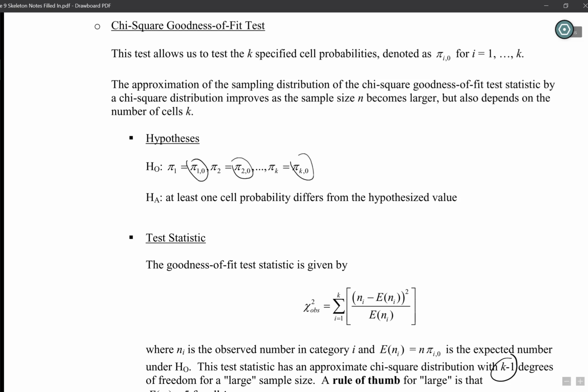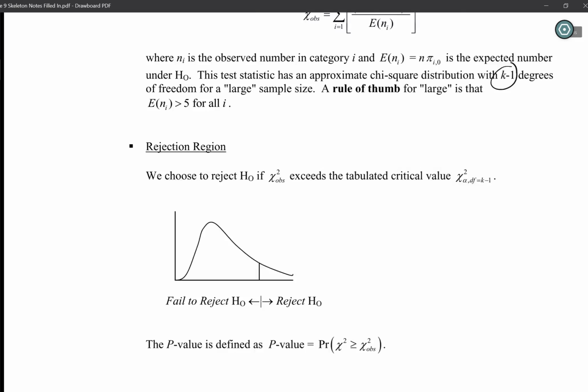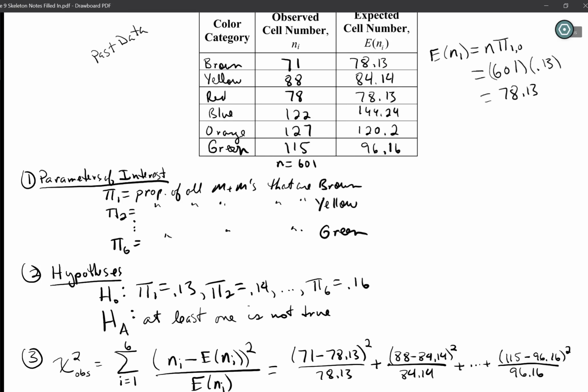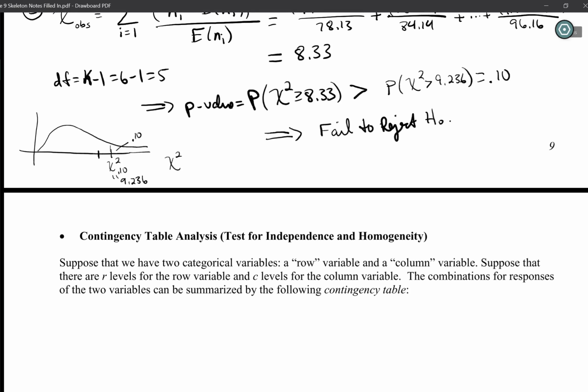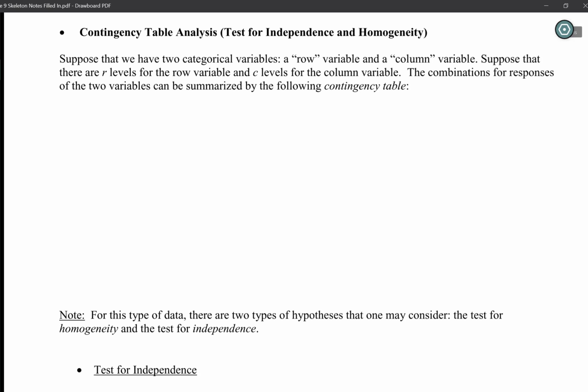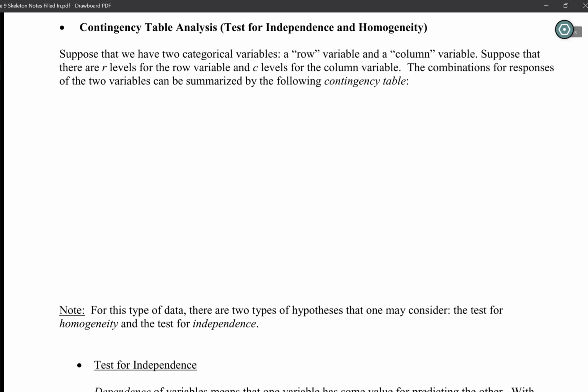In particular, if it's 1 over k, then I'm testing to see if the underlying population proportions are equal to each other. This particular test allows for that nice question to be asked. So, chi-square goodness of fit test on several population proportions. Next, we're going to look at contingency table analysis.